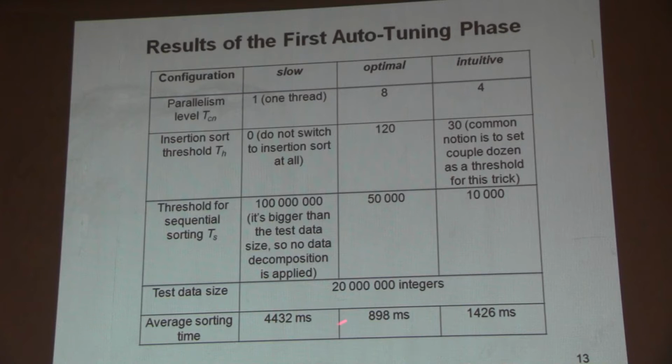The optimal, the best one, was less than 1 second, and the third configuration is just to show one that was picked from intuition, just to show what the difference is, in this case, between an intuitive configuration for a quite simple task program and the actual optimal. So this difference matters.